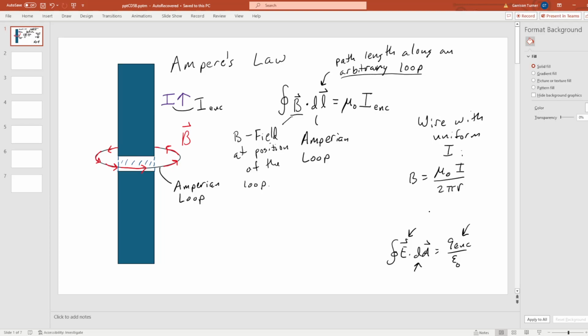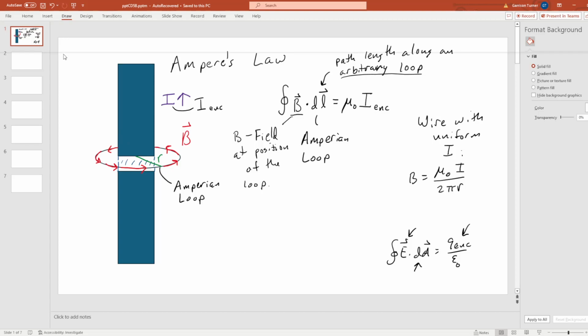So let's see if Ampere's law gives us the exact same result. We're going to have a radius for our Amperian loop of r.